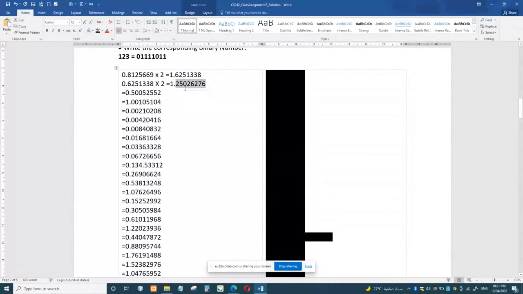Then this one will be again multiplied by 2, again multiplied by 2, again multiplied by 2, and then finally we'll get 0.500 this one.